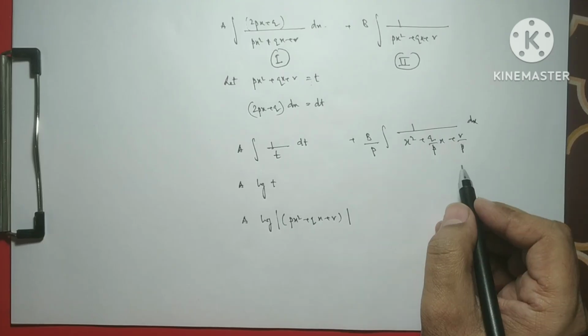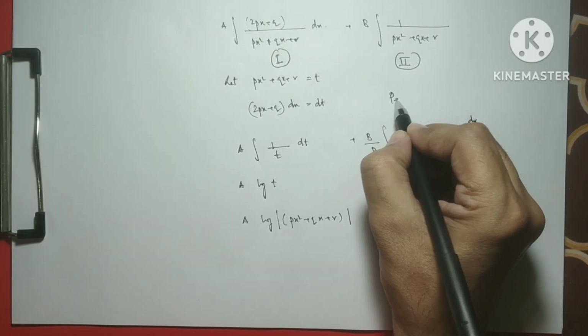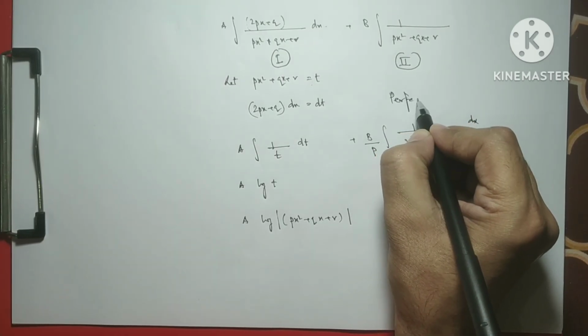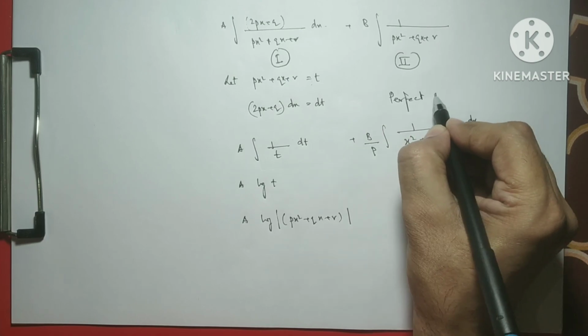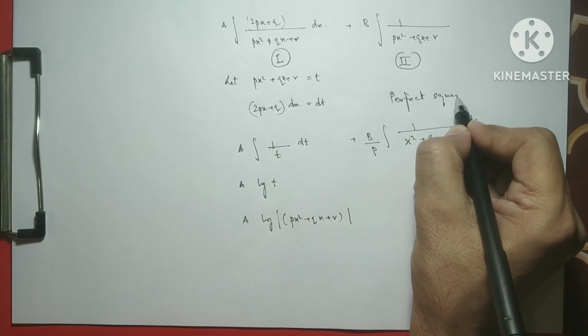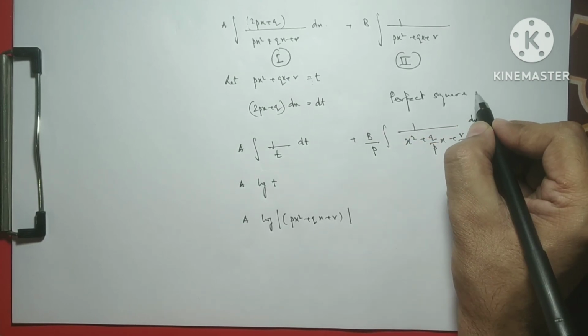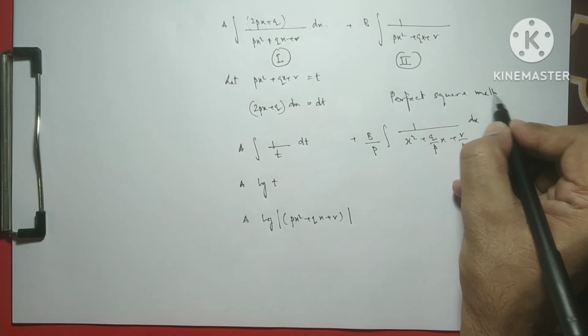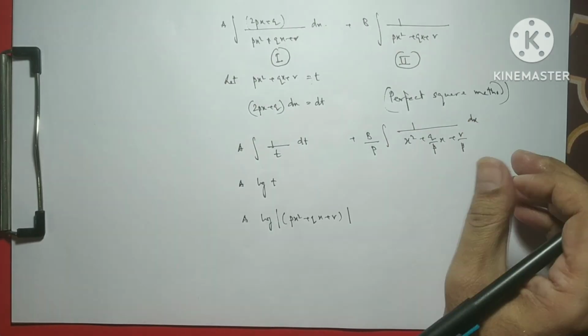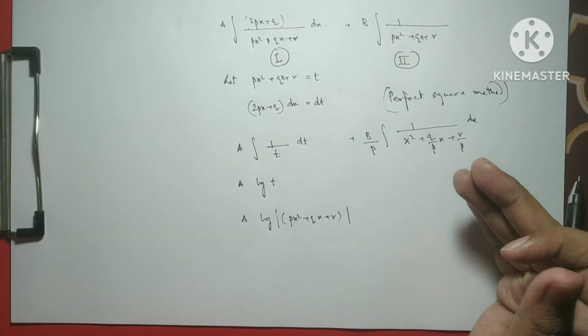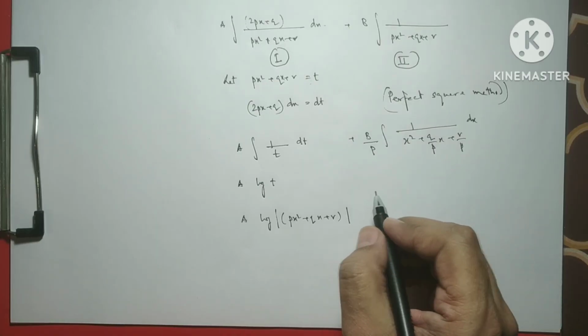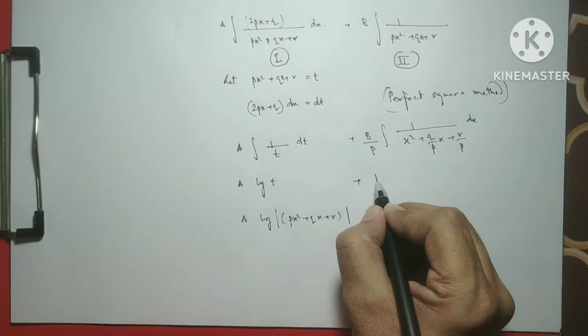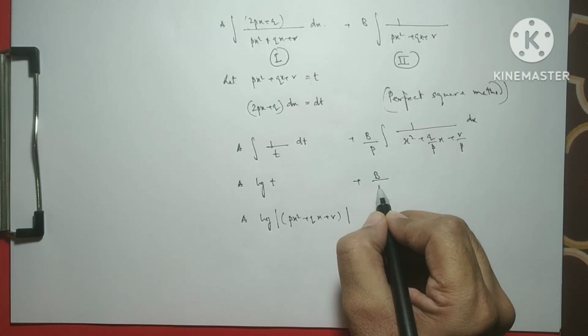Now we are using the perfect square method. So on using this, we will change it in terms of two squares, maybe addition or subtraction of those.